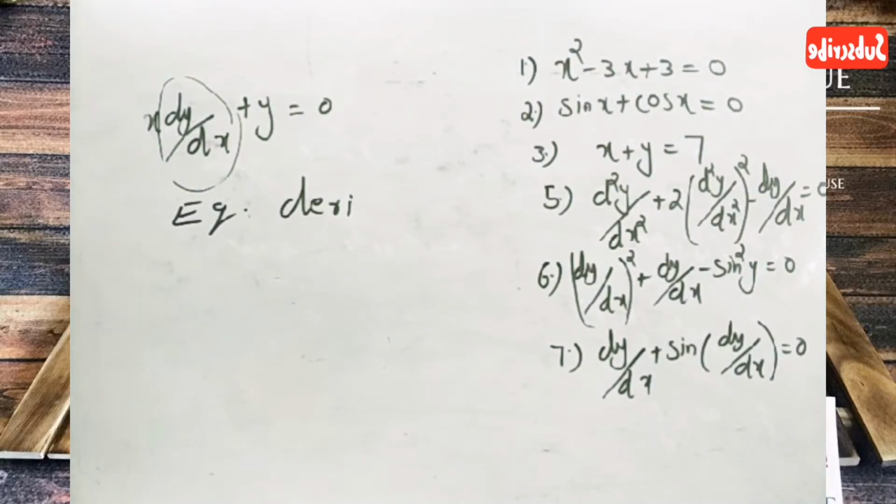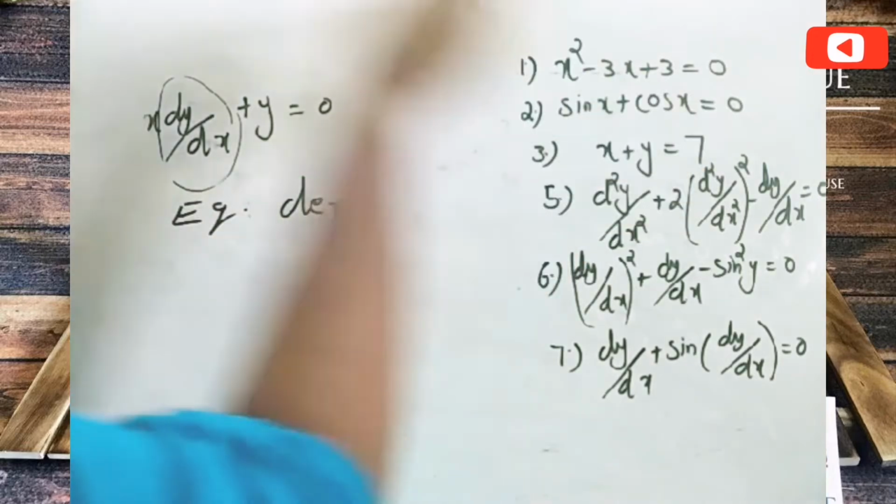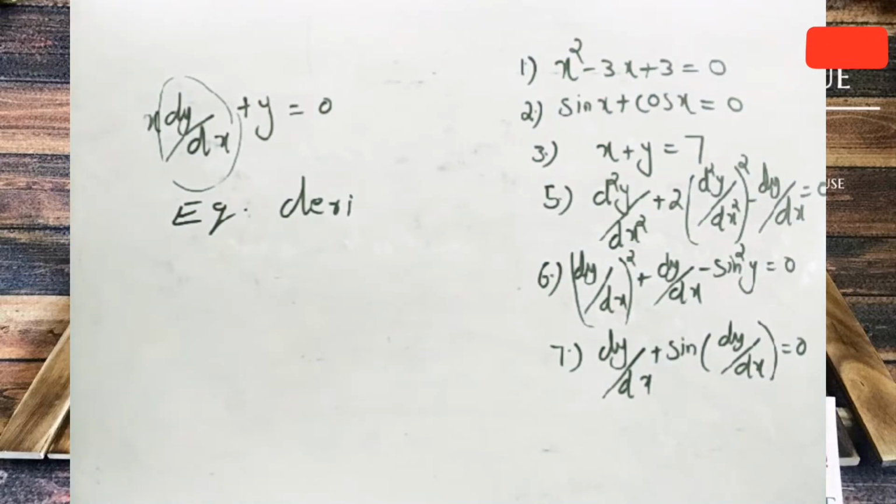Simply it means an equation in terms of derivatives. Quadratic equation means the power of x is 2. Trigonometric equation means the equation in terms of trigonometric functions, right? Similarly, the differential equation means equation in terms of derivatives.